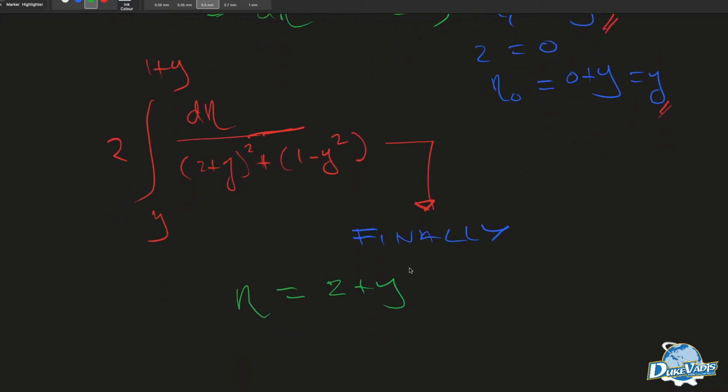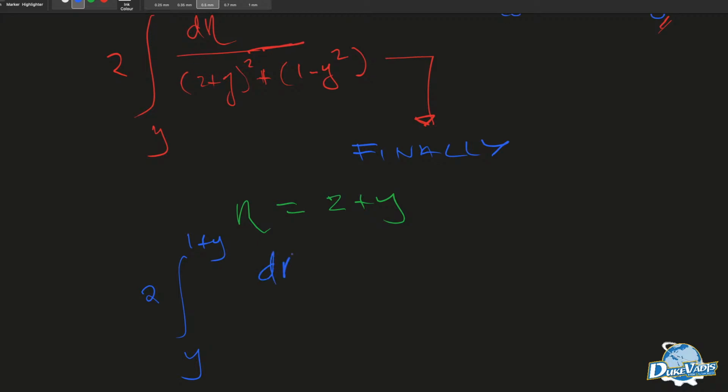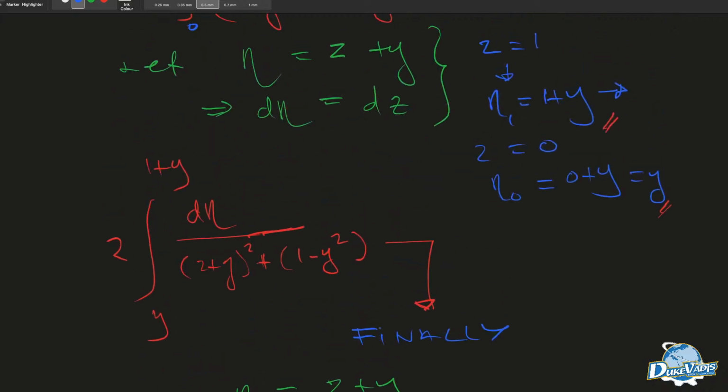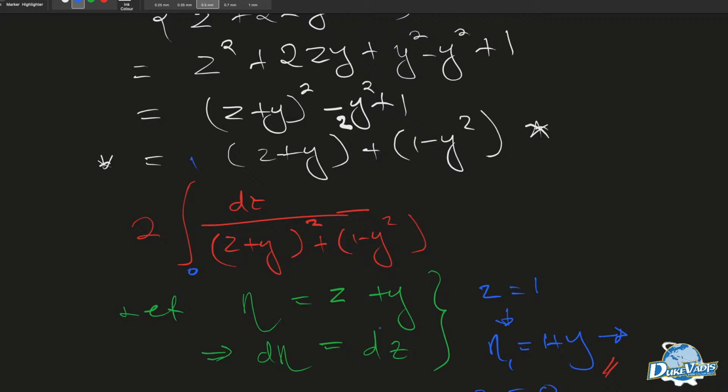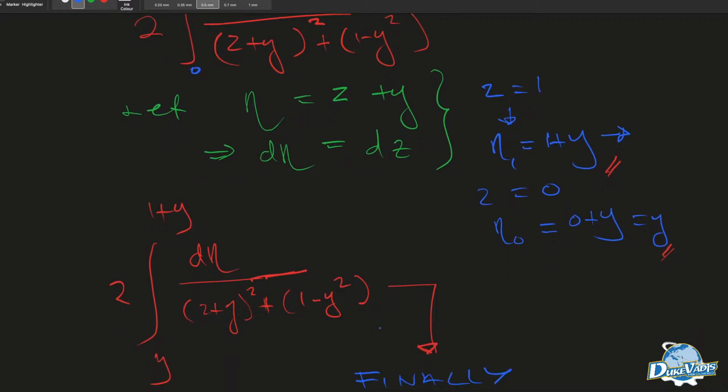So when we substitute back into the equation, the final integral will be 2 out, 1 plus y, d xi, all over xi squared plus 1 minus y squared. Let me see, this 1 minus y squared. Yeah, so that will be 1 minus y squared.